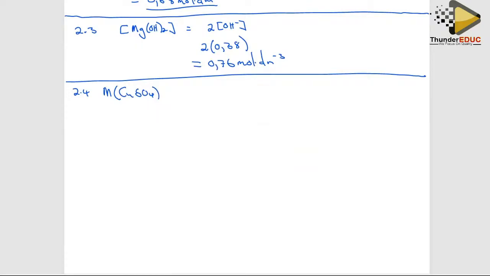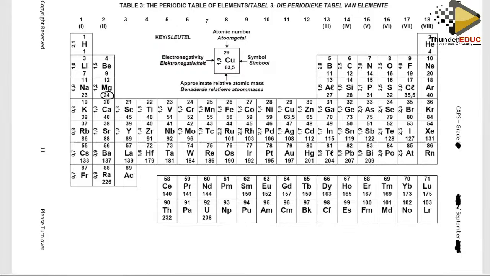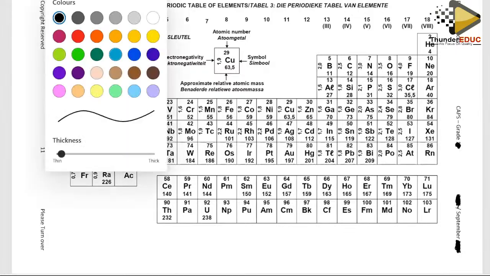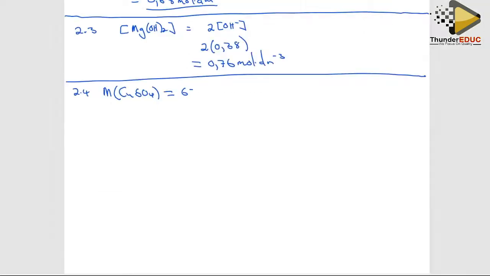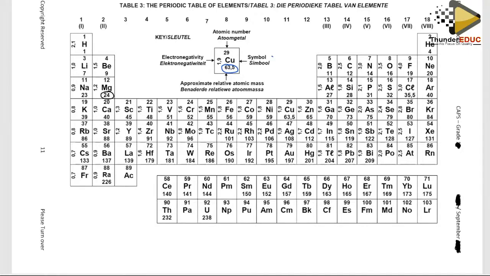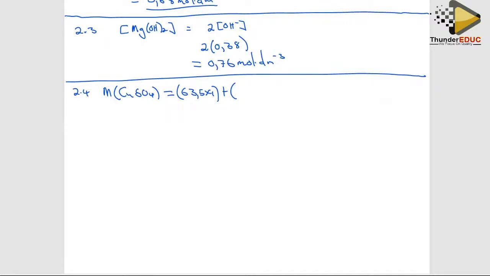So allow me to break it into parts. According to my periodic table, my copper is 63.5, so 63.5 multiplied by 1, then plus my sulfur, which is 32, so 32 multiplied by 1, then plus my oxygen, which is 16 times 4.